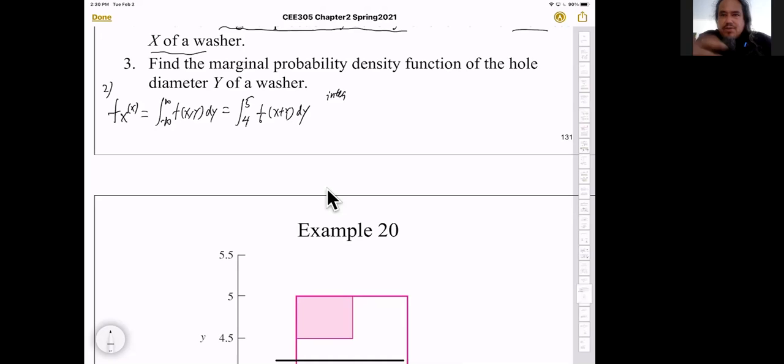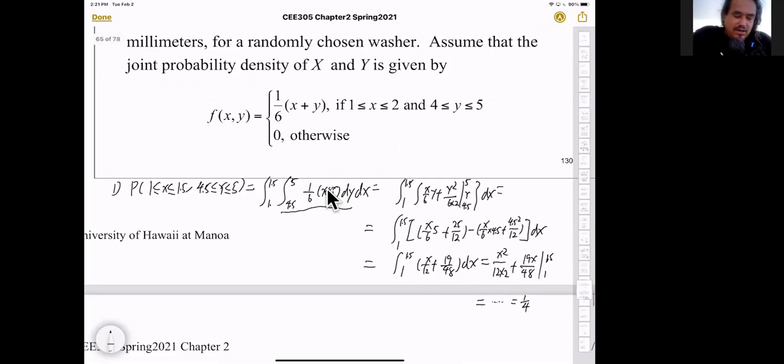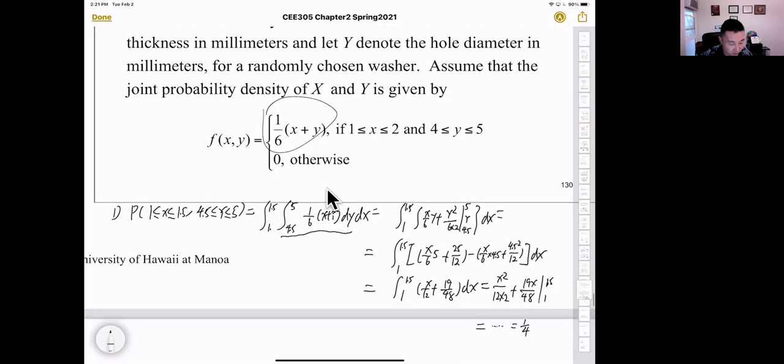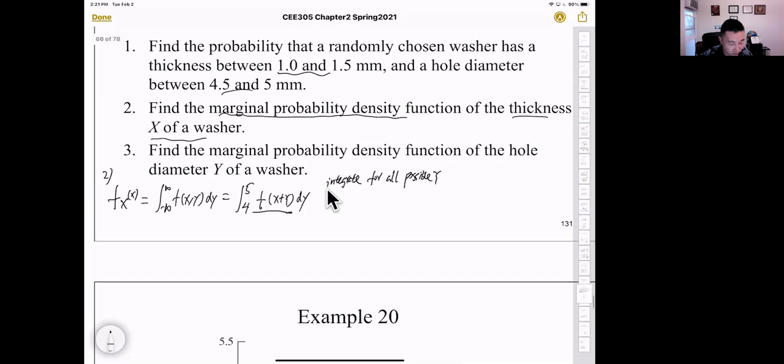I'm sorry, what's inside of your parentheses again? It's x plus y. This is the density function. Okay. So the integral is of (x plus y) dy.